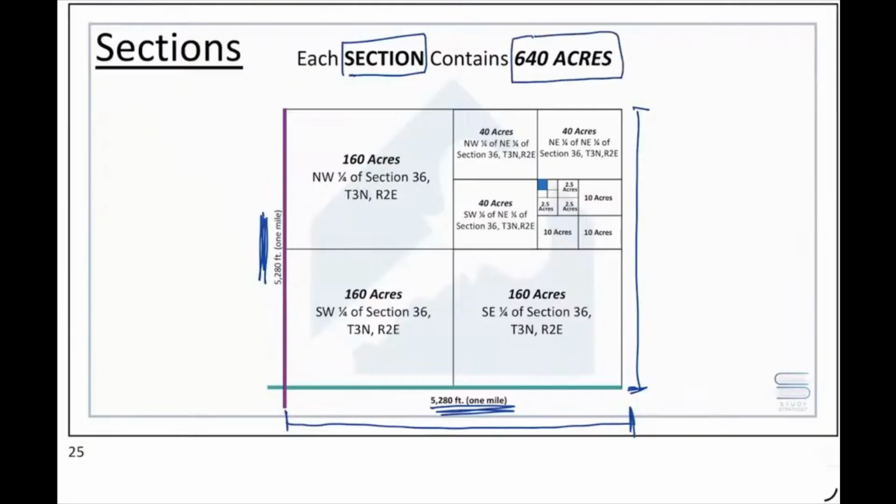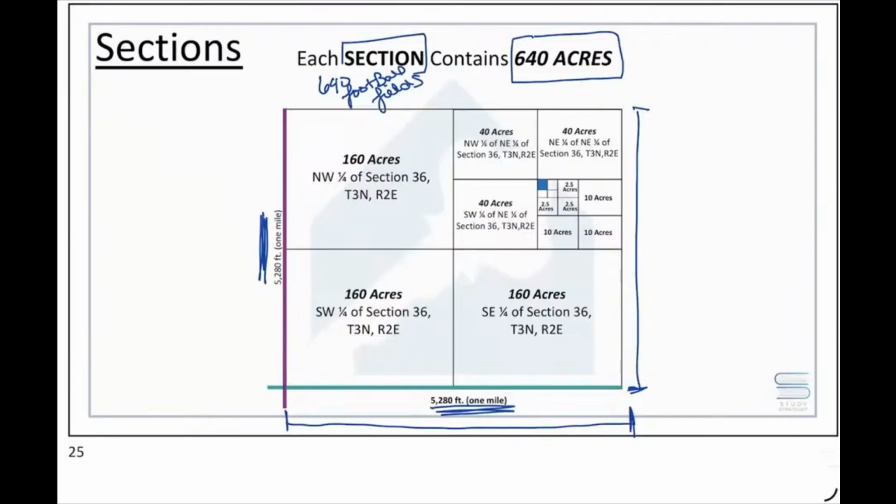If you took 640 football fields and laid them out, that is the size of a section. That's 640 football fields. I don't know about you, but that sounds like a lot.